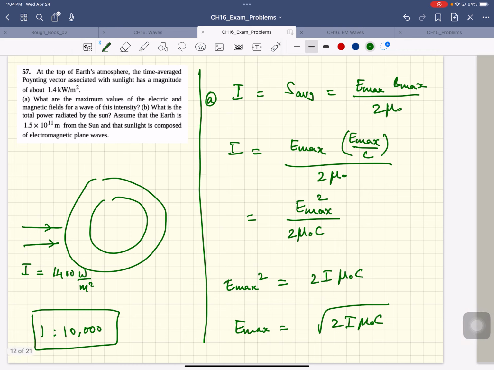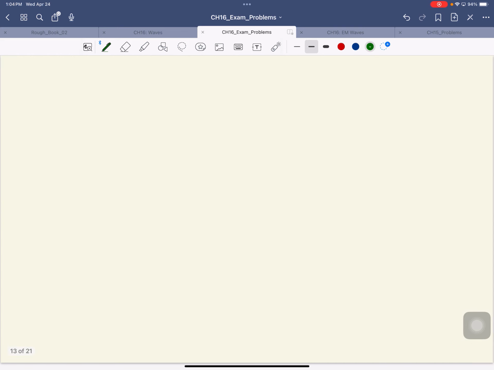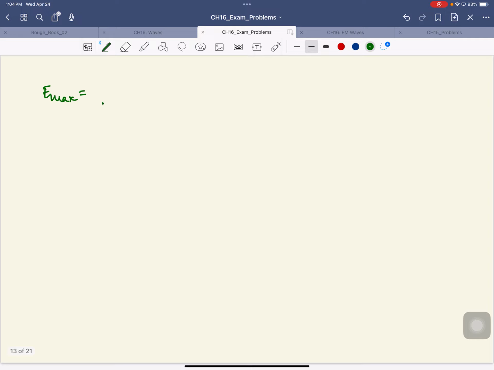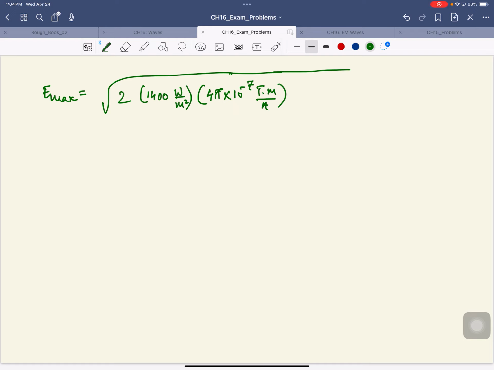All right, so let's put in these values. E max is the square root of 2 times the intensity, 1400 watts per meter squared, times mu naught, which is 4 pi times 10 to the minus 7 tesla meter per amp, times c, which is 3 times 10 to the 8.